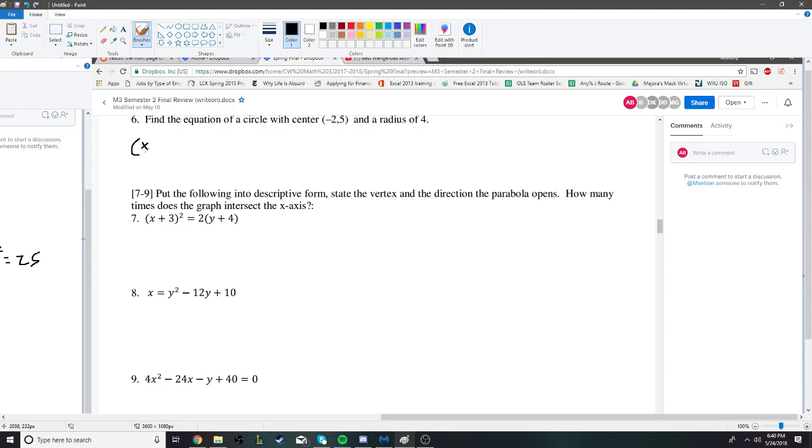Again, easy problem. x plus 2 squared, because that's our x value, plus y minus 5 squared is equal to 16.